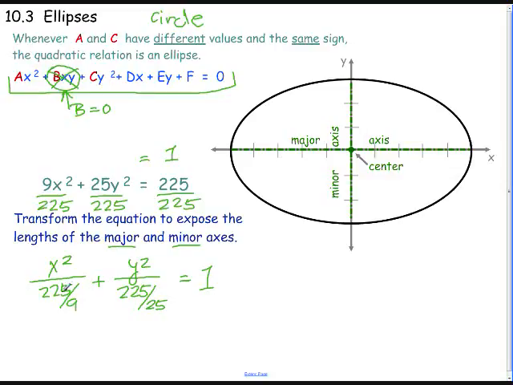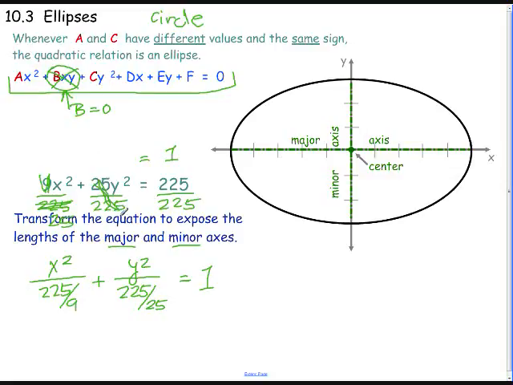What did I do here anyway? I took this 9, which was in the numerator, and I divided within the denominator. I didn't have to do it that way, but what could I have done? I could have said, okay, let's factor a 9 out of this. If I divide 225 by 9, what do I get? That's right, I get 25. And over here, if I factor 25 out of 225, these will cancel out then.